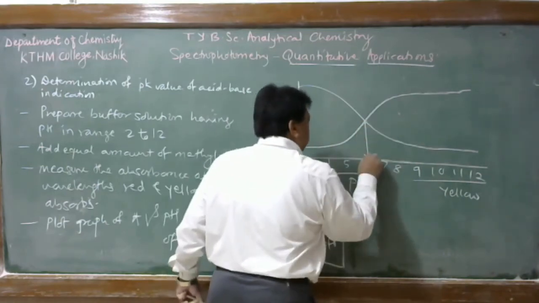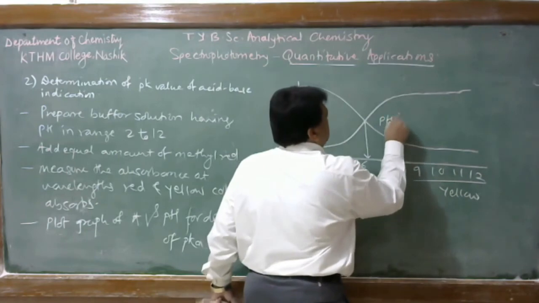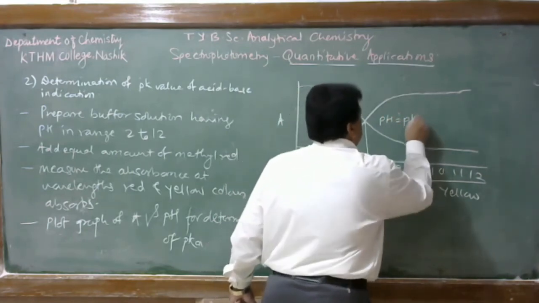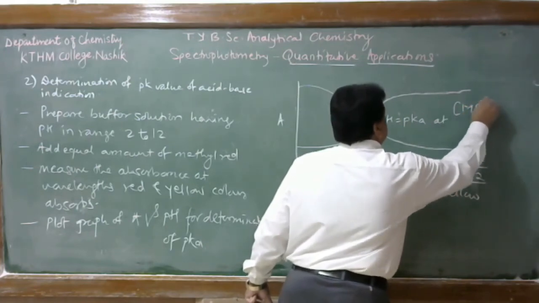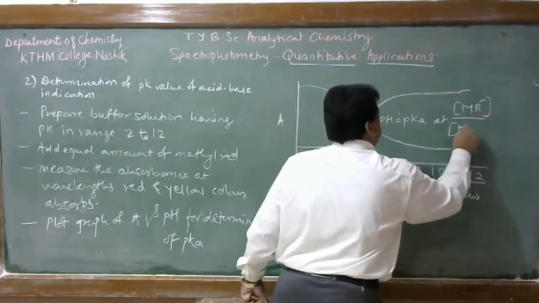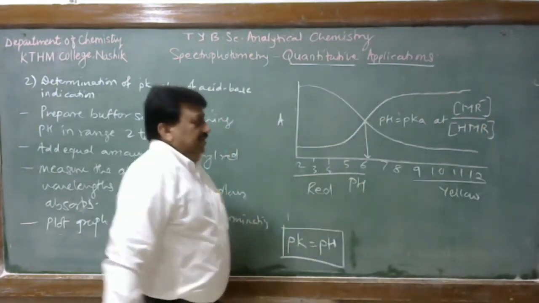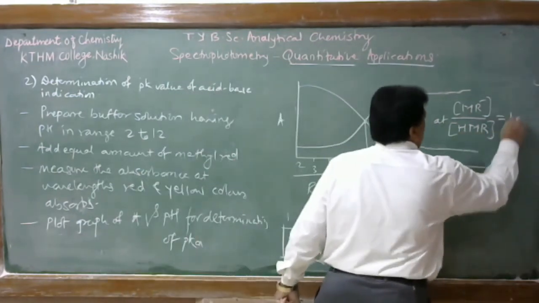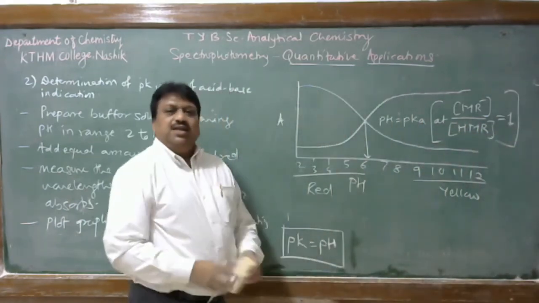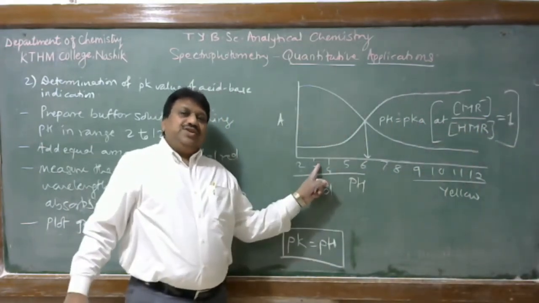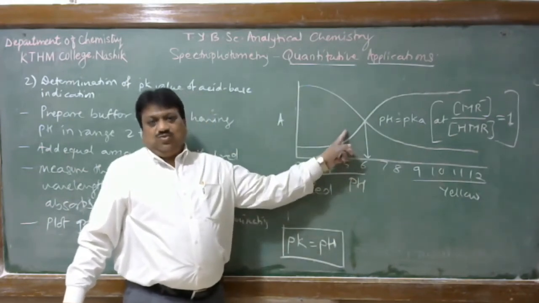Here the graphs intersect, that is where pH is equal to pKa, at which the concentration of Mr minus and the concentration of HMr are identical. That means this ratio is equal to 1. In this way, the pH of the solution is determined and then pKa can be calculated.